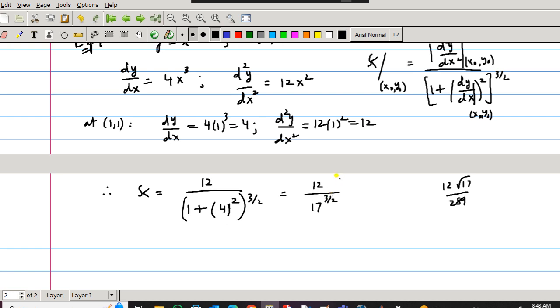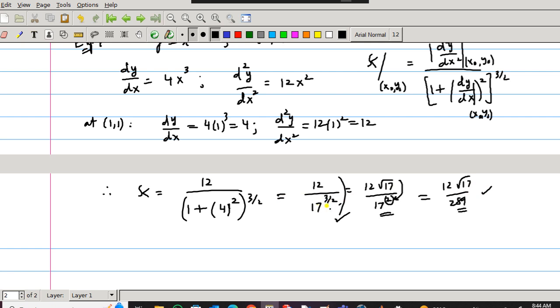I think they wrote it as 2 minus 1 by 2. So if you bring 1 square root at the top, then in the bottom it becomes 17 square. You see, 2 minus 1 by 2 is 3 by 2. So this is okay. This answer is fine. It is the same answer that is written in the book: 12 square root of 17, and 17 square is 289. Because they used a different formula, maybe by using that formula they got this answer, but it is exactly the same as what I got here.